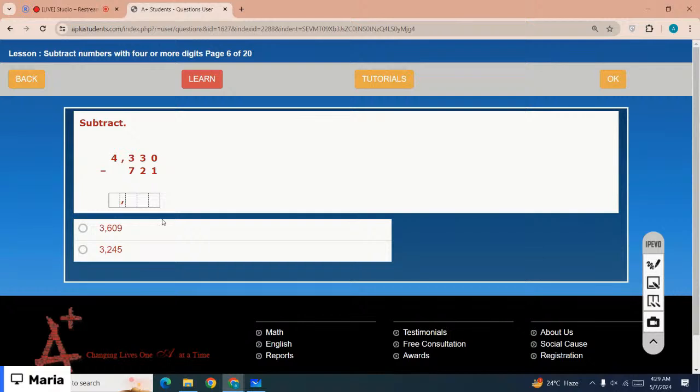The correct option is option number 1. 3609 is the correct option. Be careful.